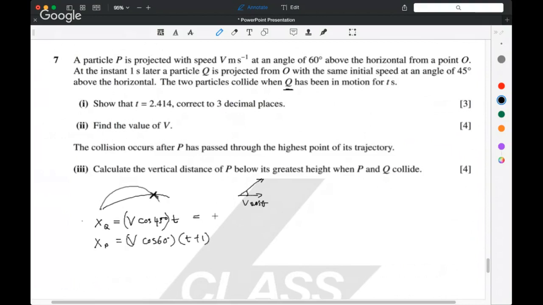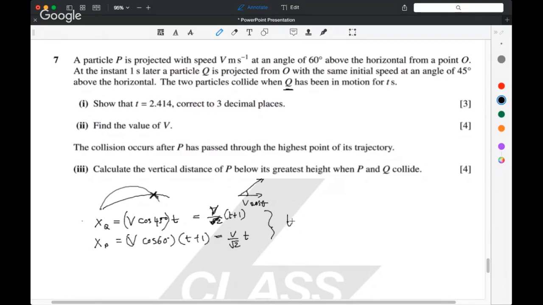So this is equal to v over square root 2 t, and that's equal to v over 2 (t plus 1). Wait, so this is not over square root 2, this is just over 2, that one there. So we know that these things have to be equal if the two things are colliding, so the x coordinates have to be the same.